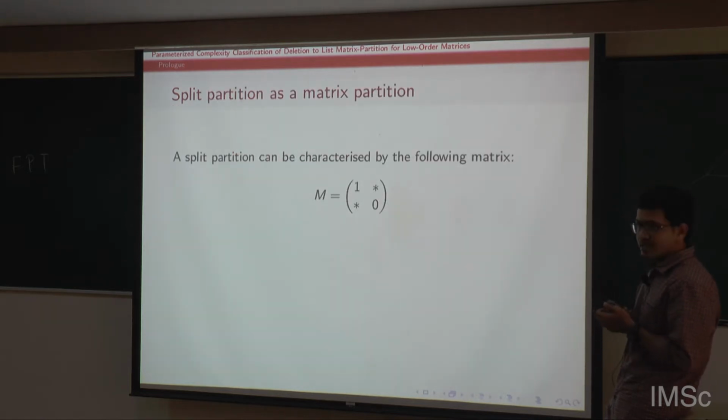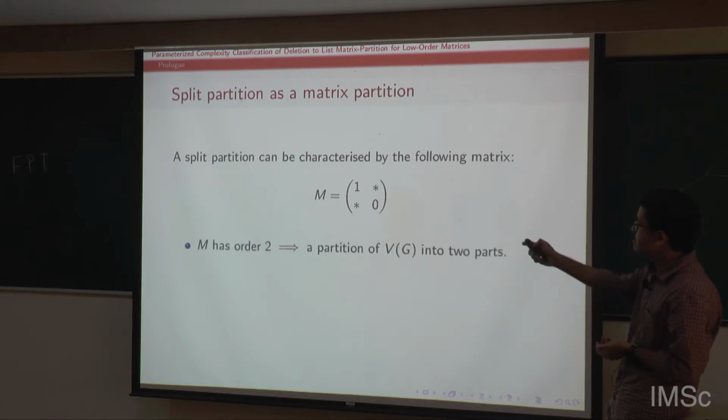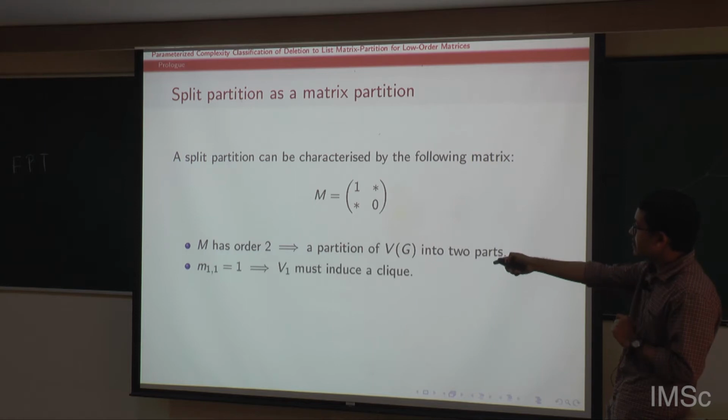Okay, so now is the interesting part. Now we come to what we actually want to talk about. So a split partition can be characterized using this matrix. So what do these entries stand for? First of all, the matrix has order 2, which means we are looking for a partition of the vertex set into two parts. Okay, and look at the entry M11, it's equal to 1.